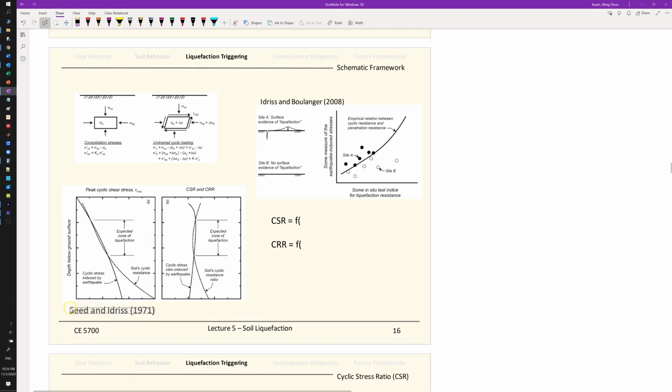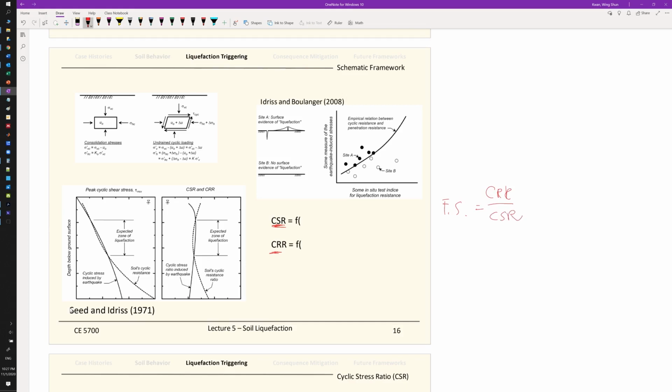So no wonder they embedded this traditional factor of safety type of civil engineering analysis when they started soil liquefaction engineering. The loading is what we call the CSR, the cyclic stress ratio, and you compare it with the CRR. So when we calculate the factor of safety, it is the resistance CRR divided by CSR.